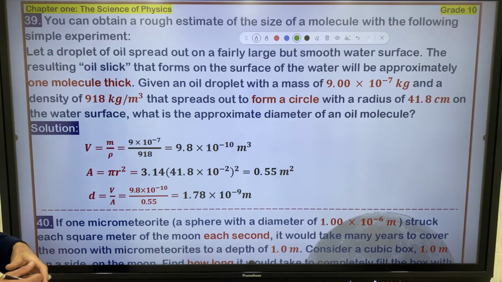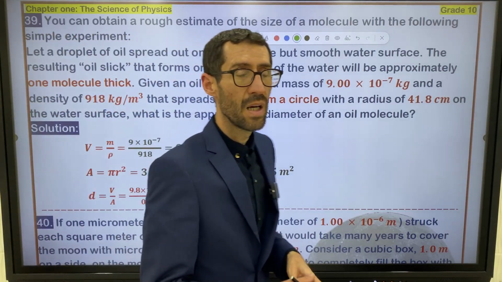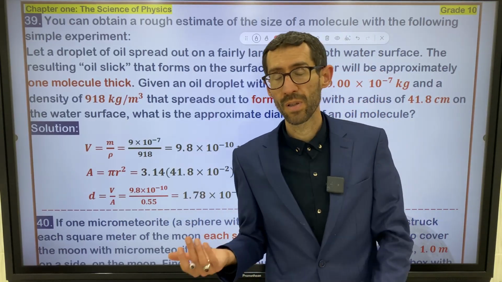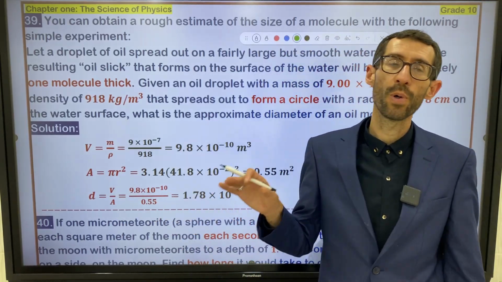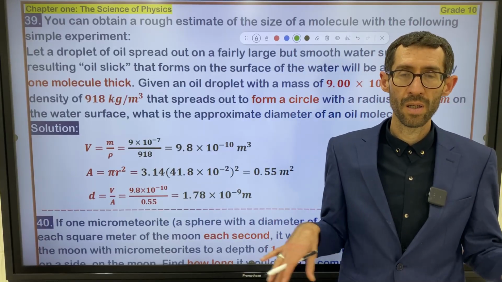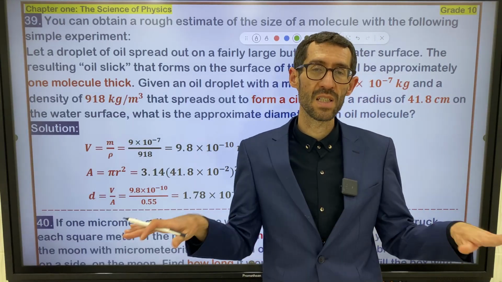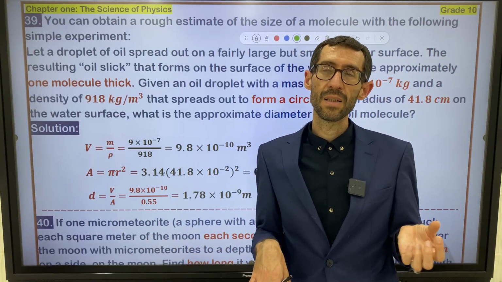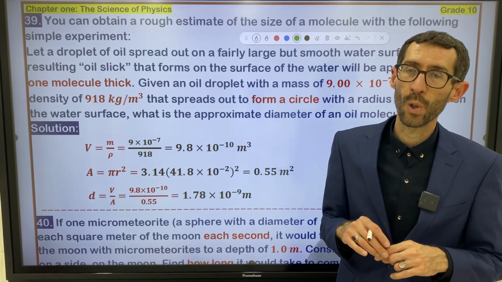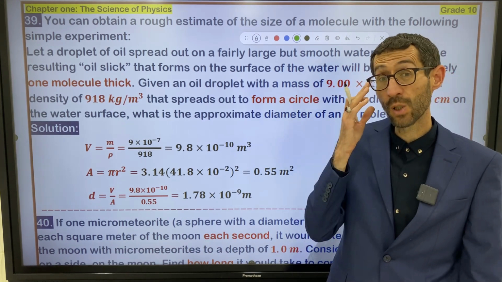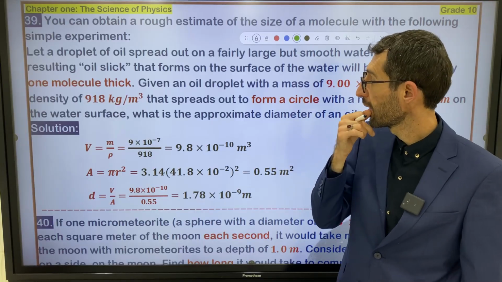So we have an experiment here. You pour some oil above the surface of water, and the oil covers the surface of water. Let's say the thickness of oil is 1 molecule of oil.